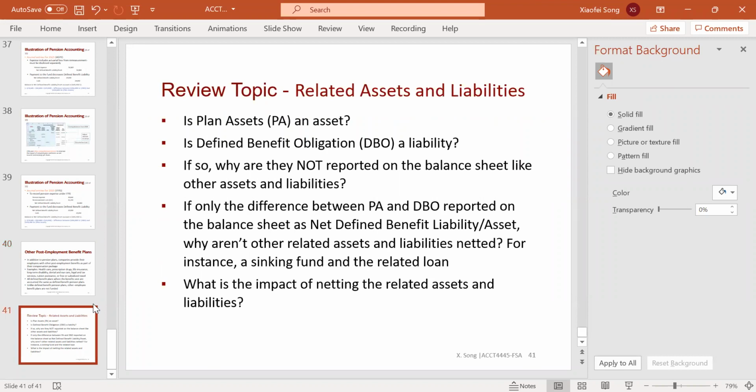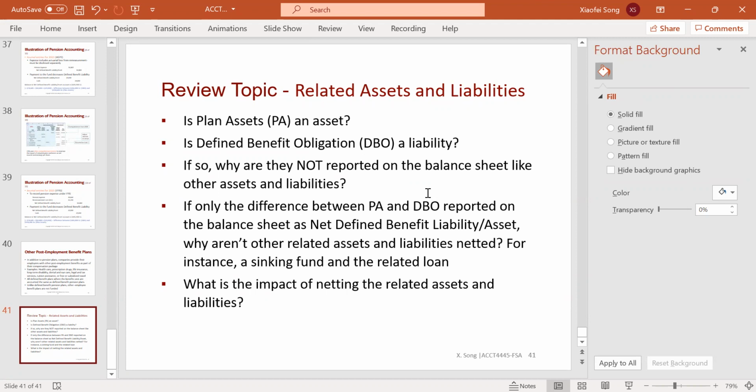Another one is the review topic. We didn't have a review topic this time at the beginning. What I wanted to talk about is probably better left until after we cover the chapter. That's the related assets and liability. The way the pension plan accounting went through changes did not resolve all the controversy.